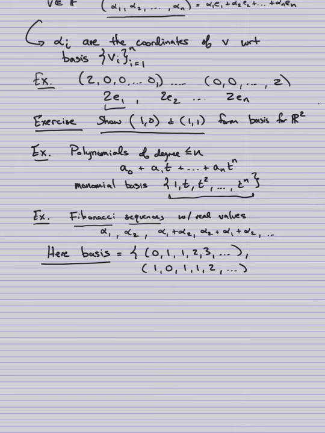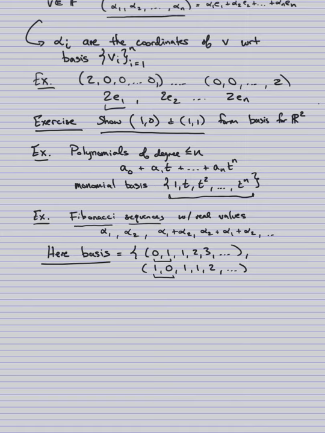And of course, the point is that even though a Fibonacci sequence is an infinite sequence, it's completely determined by the first two real numbers that you choose. So it makes sense that there's a basis consisting of two elements for them. There's two free choices that you can make.